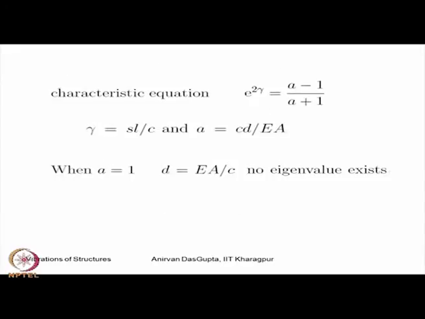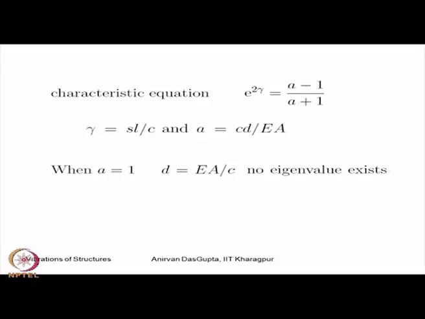For this problem remember that we obtained a characteristic equation, where this gamma is related to the eigenvalue of the problem s, and A is a constant which is defined in terms of the speed of propagation of axial waves, the damping, and the material properties and geometry of the bar.